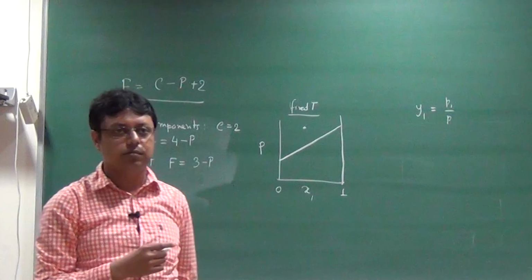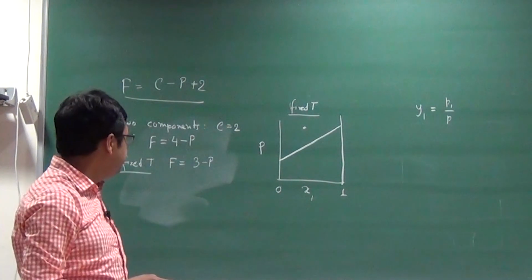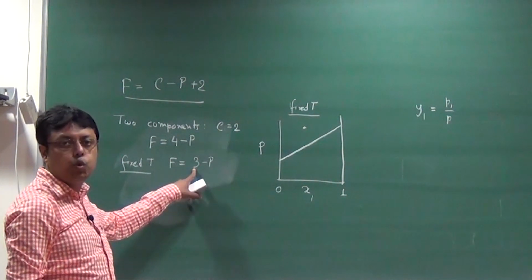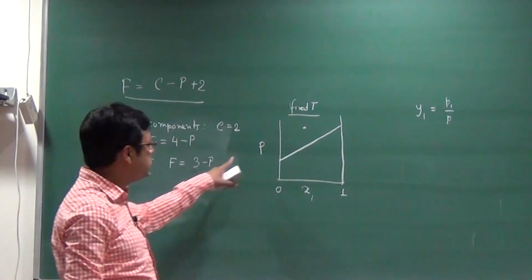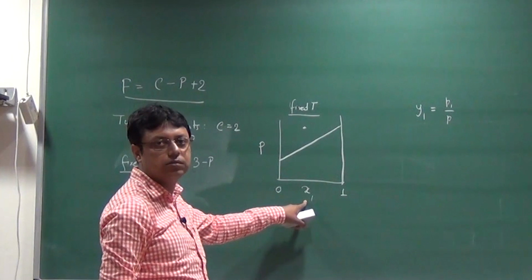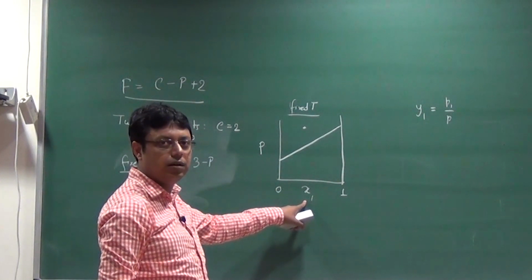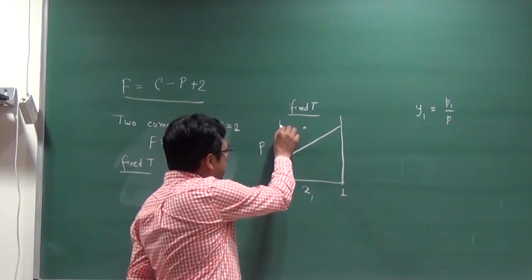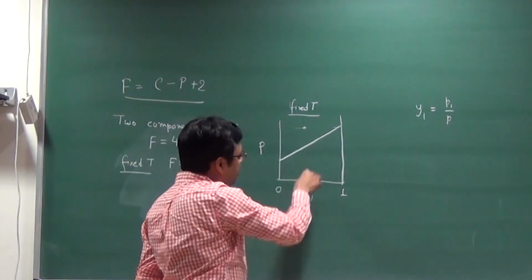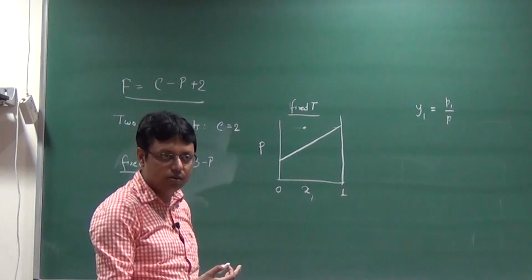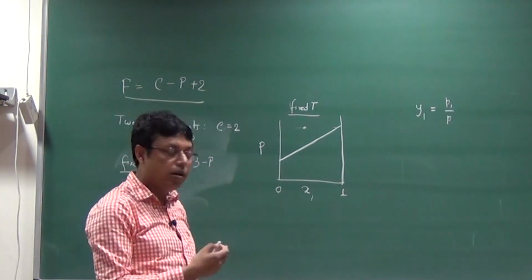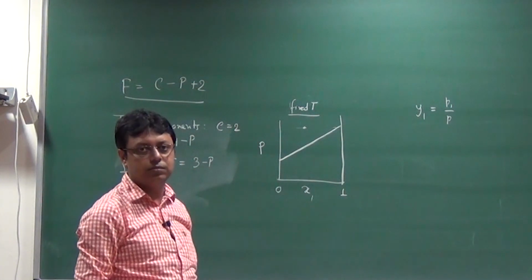It is just 1. If P is 1, then I have basically 2 degrees of freedom. What are these 2 degrees of freedom? Pressure and mole fraction. Clear? So for any pressure, I will have many mole fractions which are allowed for this phase to be stable.